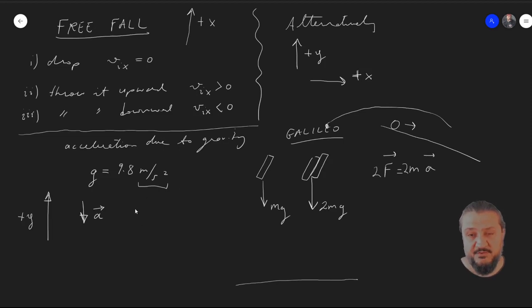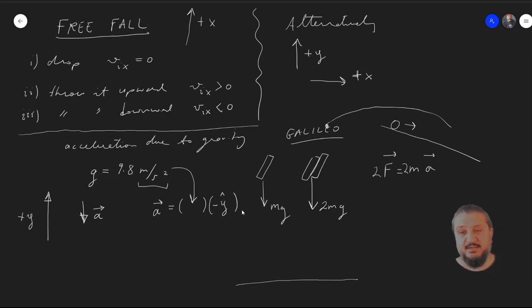In other words, if you use unit vectors, A will have a magnitude here, G, but its direction will be negative y hat. Okay, if you remember the unit vector idea. Or simply draw an arrow that points downward.